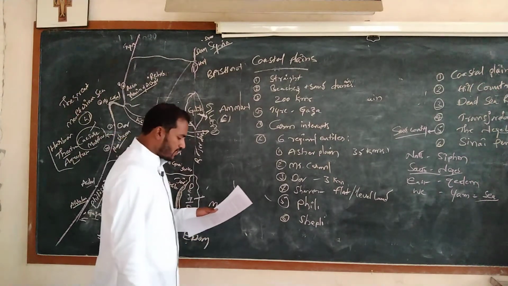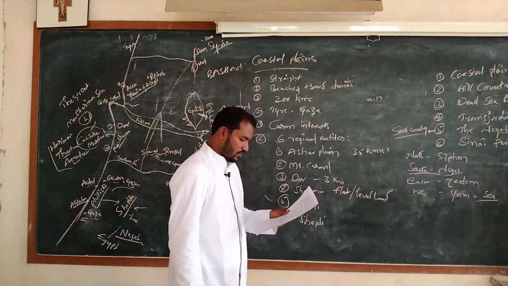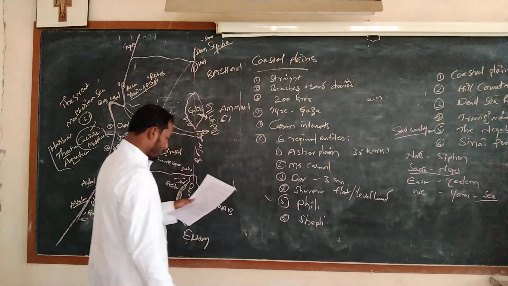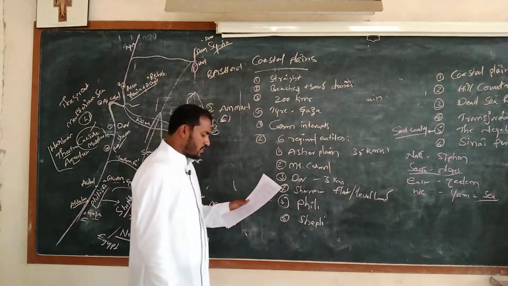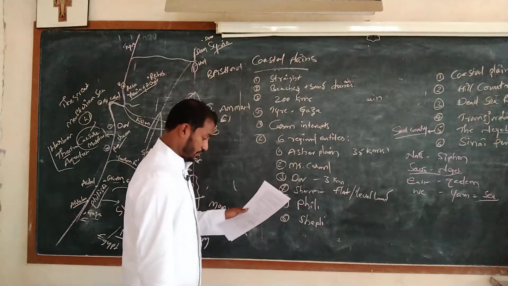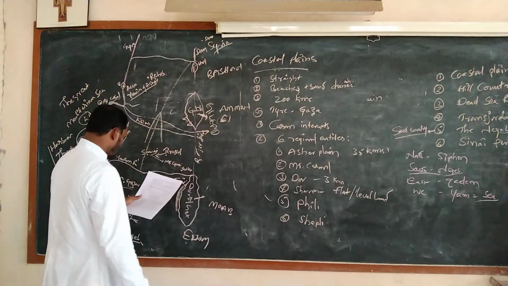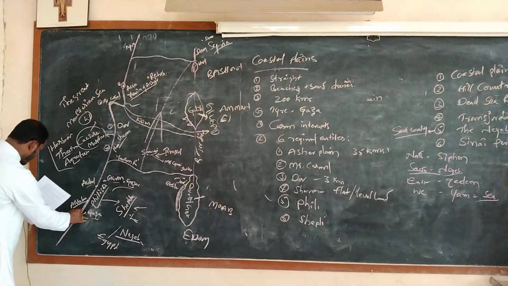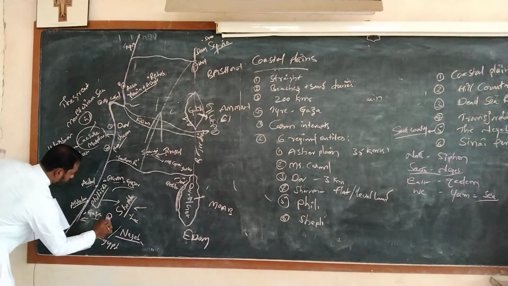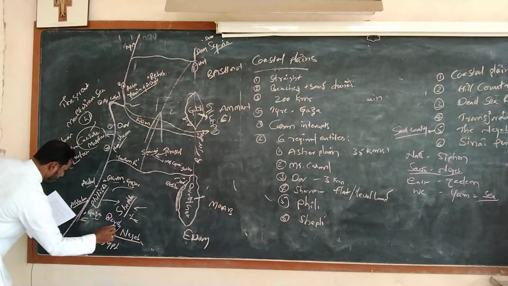So this Negev has a great diversity of landforms. And it extends almost 60 kilometers in width. So between the Negev and the Mediterranean Sea there comes Beersheba.